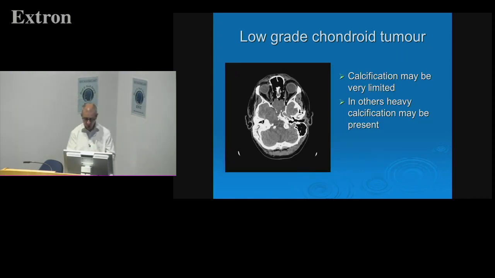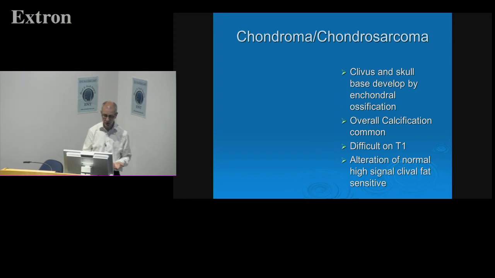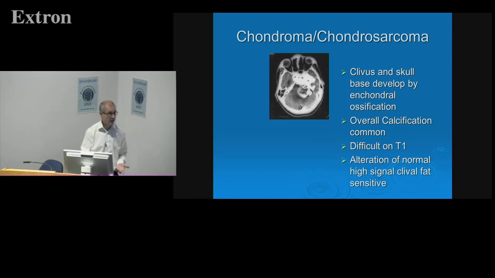But beware, because the calcification is very limited on some of these. In others it can be very heavy, so you can get really heavily calcified lesions like this, but that's a minority. Many of them actually have very little in the way of calcification. And because of that variability in calcification, you get very complex signal characteristics on T1.